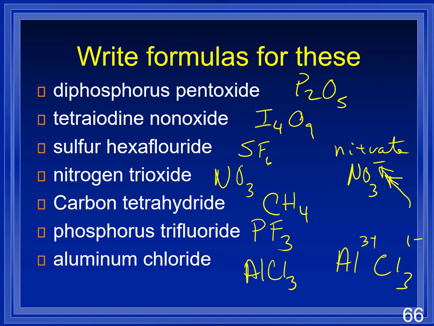Do my crisscross. So your first decision is not, how do I name this? Your first decision is, which of the 2 sets of rules do I follow? Do I use prefixes or not prefixes? So that's why I structured tonight's assignment on the front side. Your first decision is, is it ionic or molecular? And then write the name or the formula.